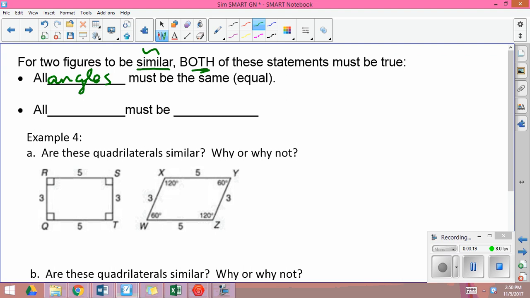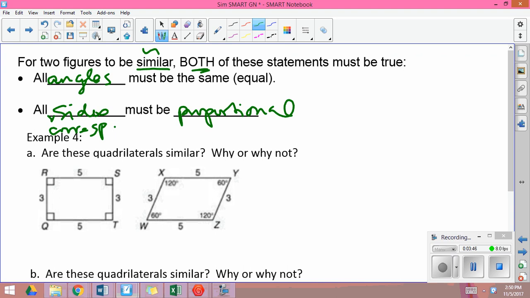No matter how much I blow up or shrink a figure, the angles do not change. The sides, however, all sides must be proportional. All corresponding sides are matching up. I must blow it up or shrink it by the exact same amount.